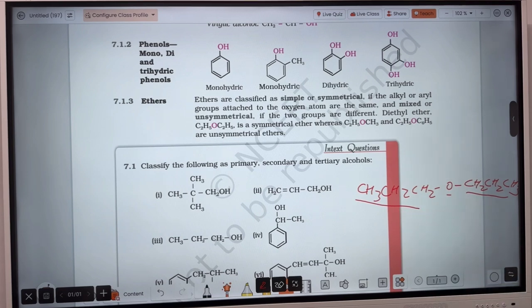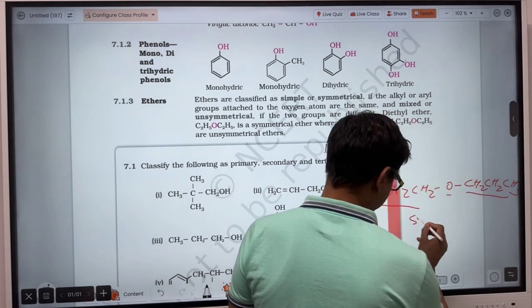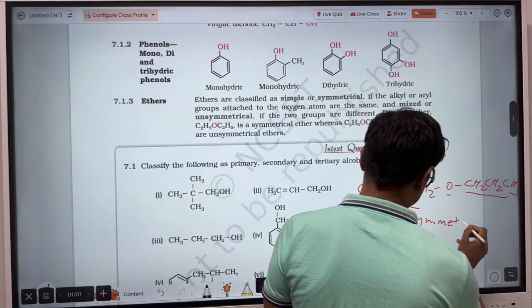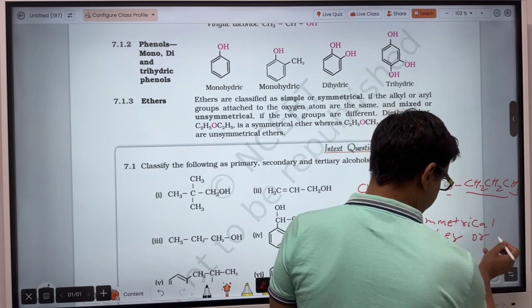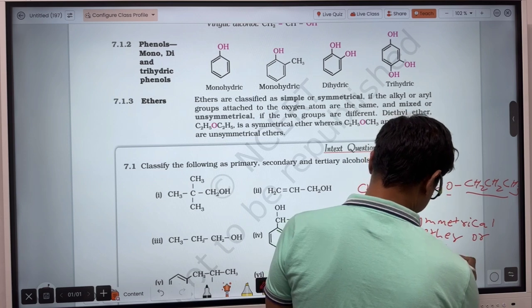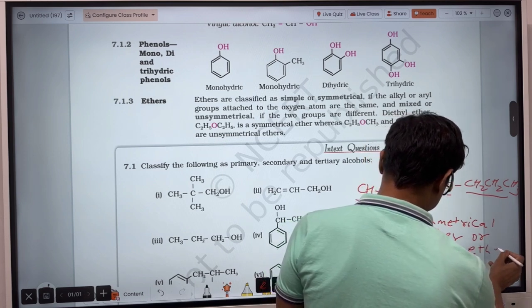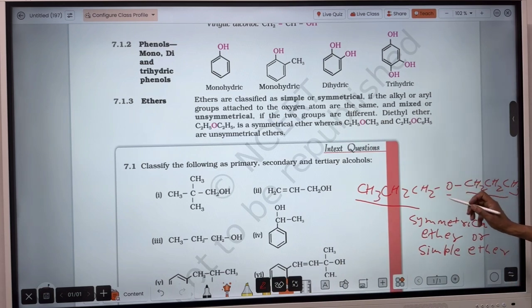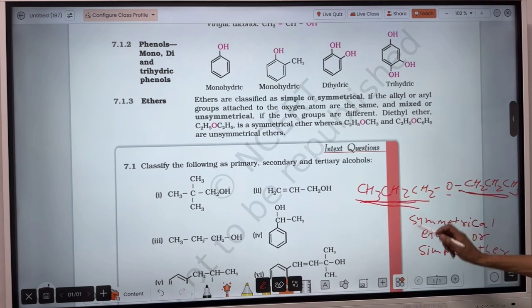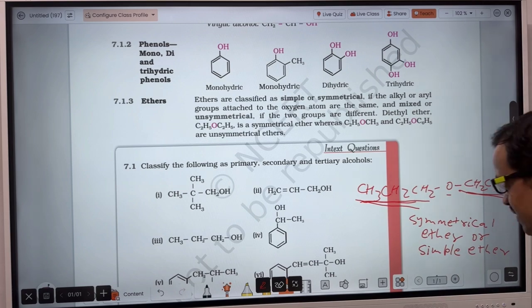So this ether is called symmetrical ether or simple ether. That means if the alkyl groups bonded to the oxygen atom have the same number of carbons, then that ether is called symmetrical ether or simple ether.